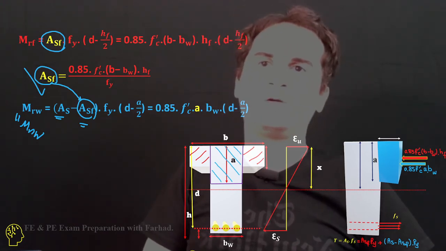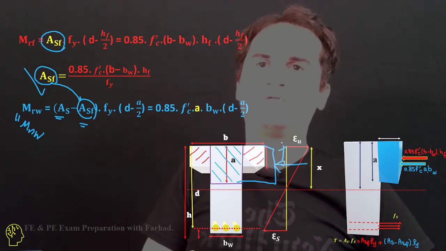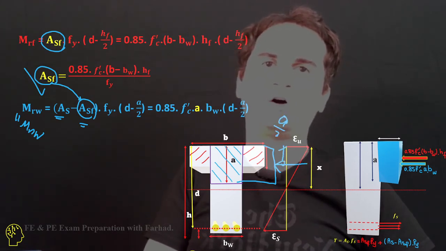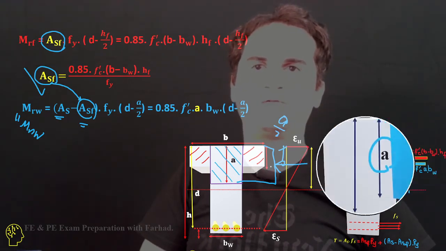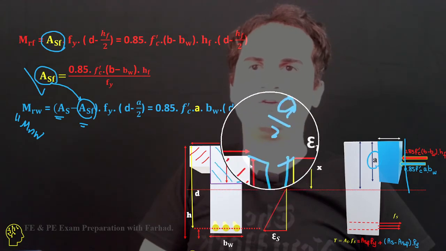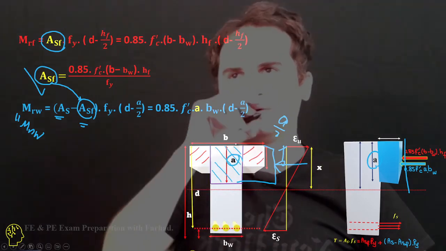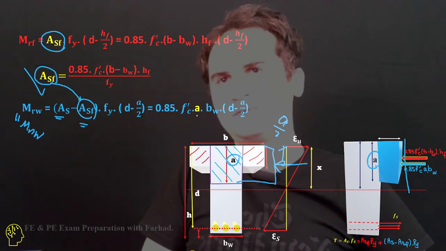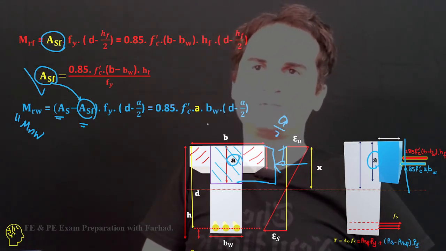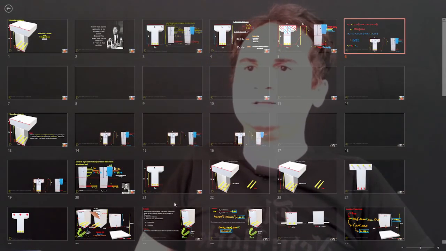This time my arm is d minus a over 2, where the height of the Whitney block is a, because the force applies at a over 2 for the height a. That is equal to 0.85 f'c times a times bw times (d minus a over 2).